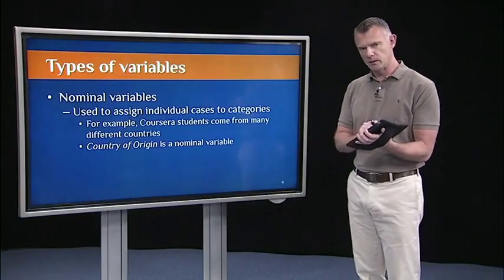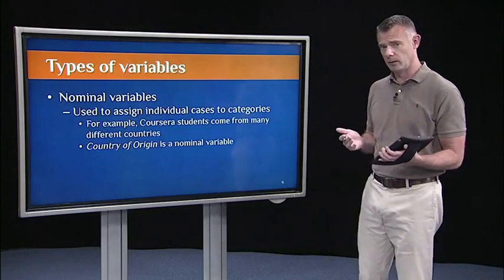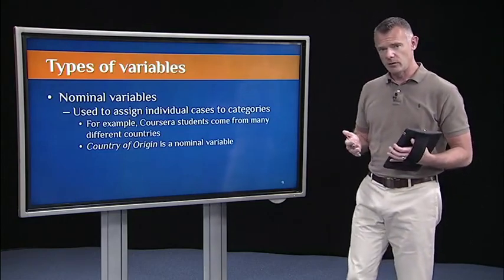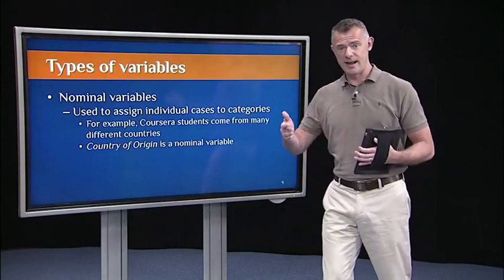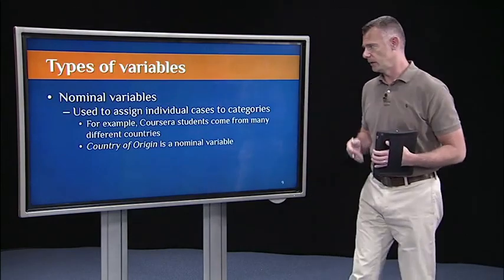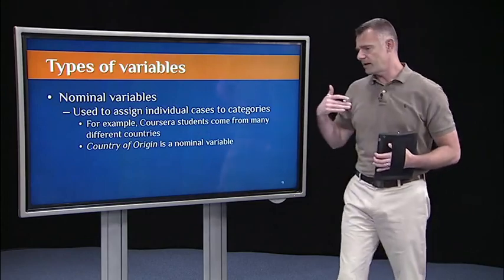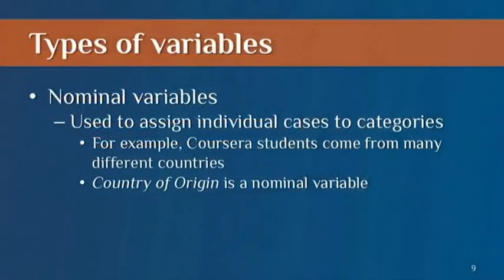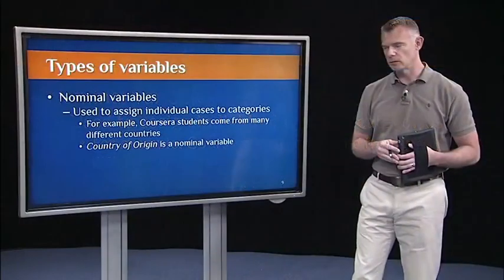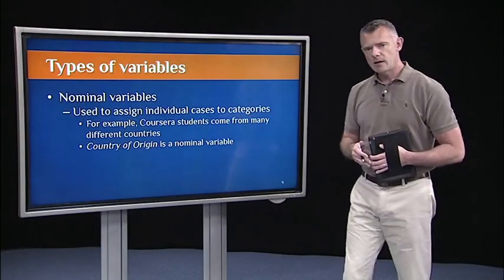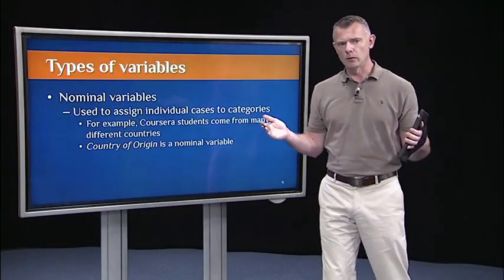So let's start with the simplest type of variable, a nominal variable. A nominal variable, and it literally means to name types of instances of variables, is to just assign individual cases to categories. So for example, the Coursera students that are out there that are watching Statistics 1, they come from countries all over the world.